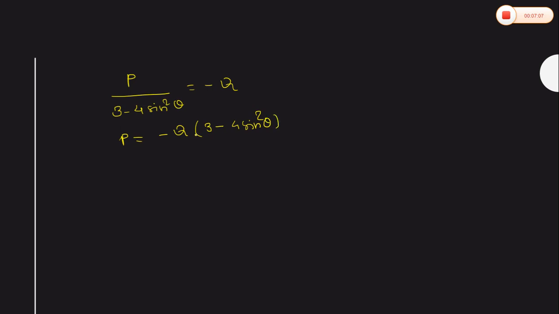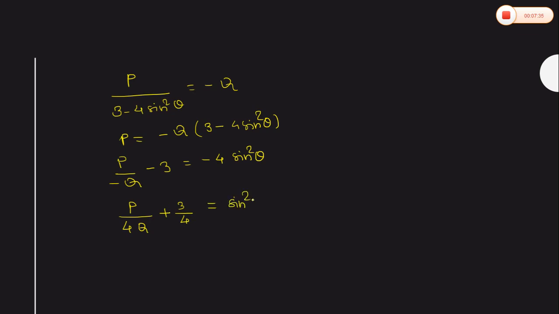So now this is P upon minus Q minus 3 is equal to minus 4 sine square theta.